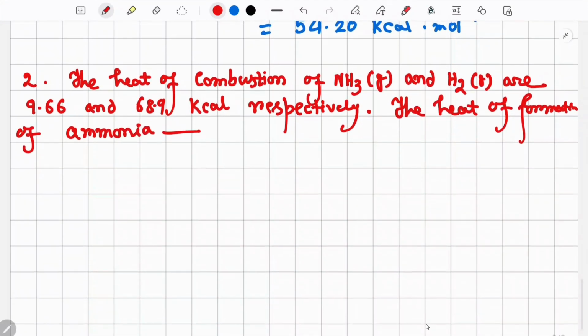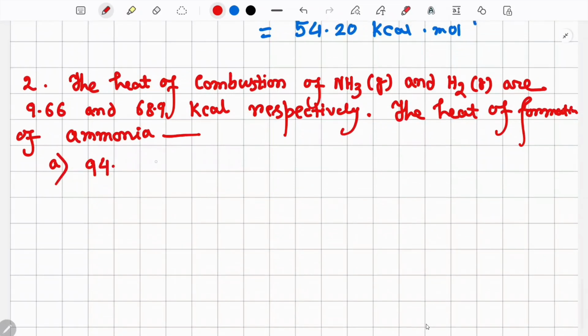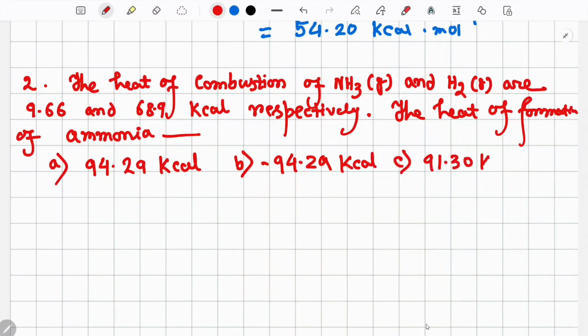Now I am giving the options as well. First is 94.29 kilocalorie. Now just do it.